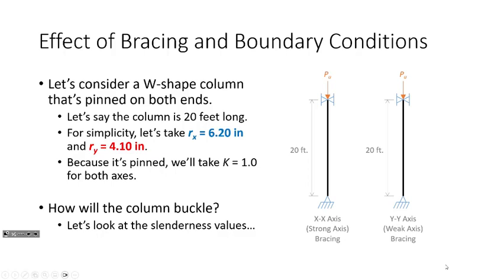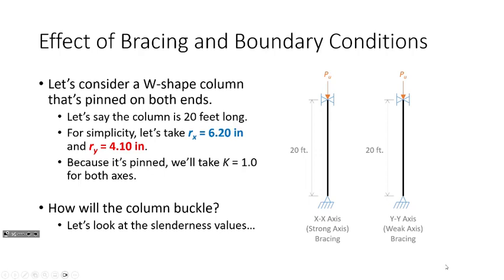So if you're a structural engineer and you're trying to determine how strong that column is, what value are you going to use to predict the capacity? This one, right? And that's exactly right. I propose that if you load this column in compression, the column that we see right here, it will buckle about the weak axis. Does that make sense?